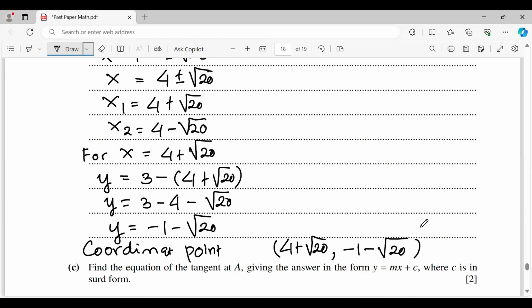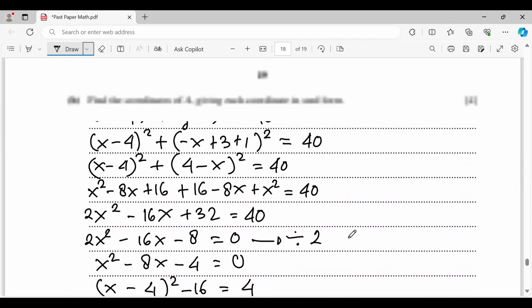Now, we have to determine whether this coordinate point is B or A. Okay.